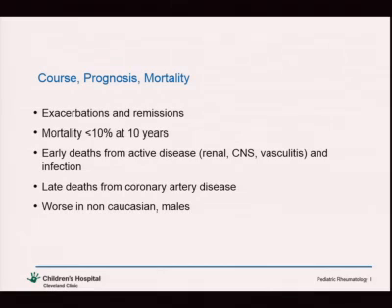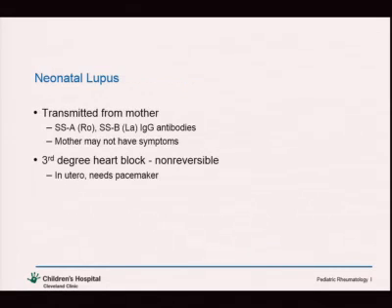We talked about this. The illness tends to be worse in ethnicities that are not Caucasian, as well as in the male gender. So for some reason, it has to do with pathogenesis and chromosome differences. I touched upon neonatal lupus. Neonatal lupus, remember, is antibodies transmitted from mother to fetus, SSA, SSB.